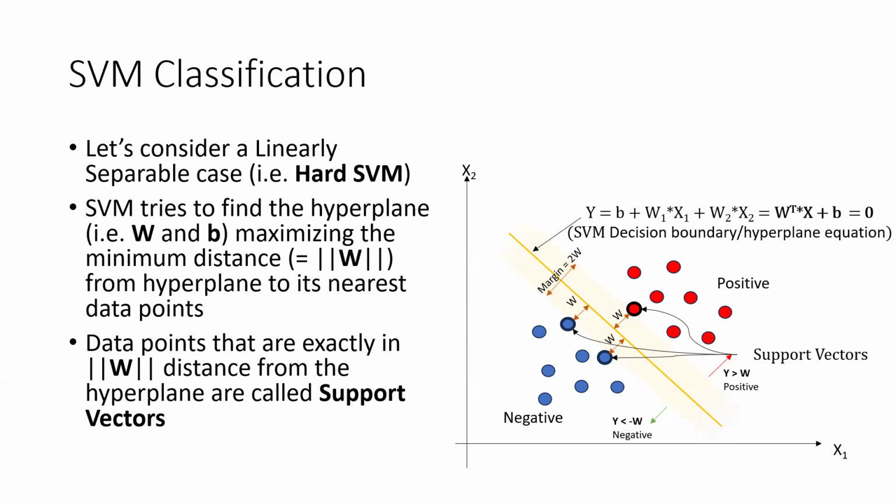When it comes to logistic regression also, we wanted to find the parameters related to this decision boundary. Similarly, with support vector machines, we are going to find the parameters in this decision boundary, which are w vector and b scalar. These are the values that we are going to find by running this support vector machine learning algorithm.